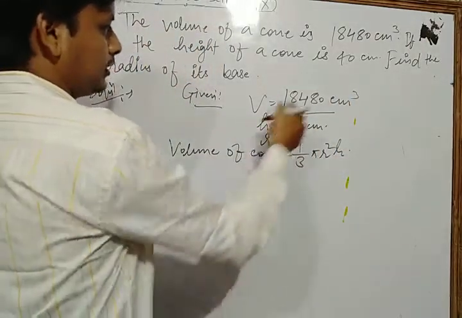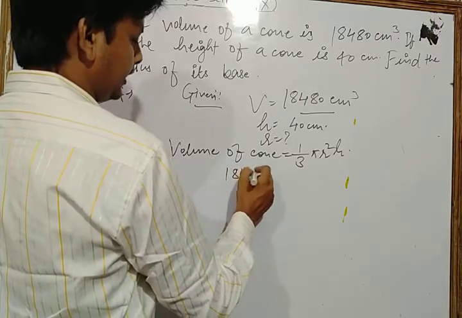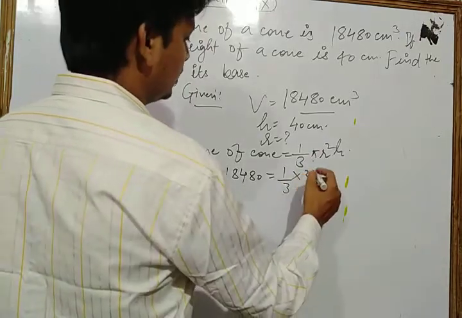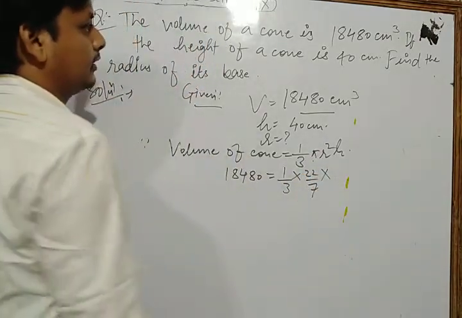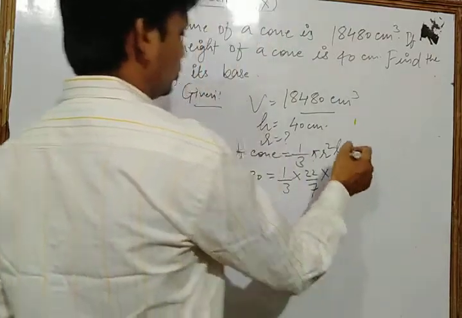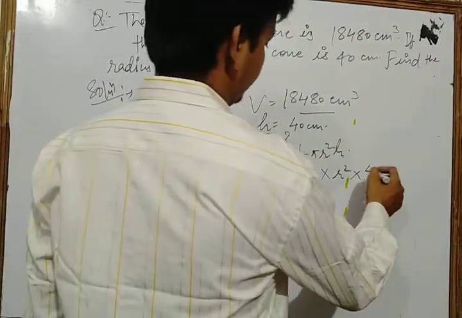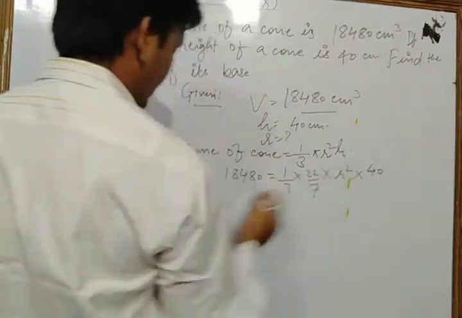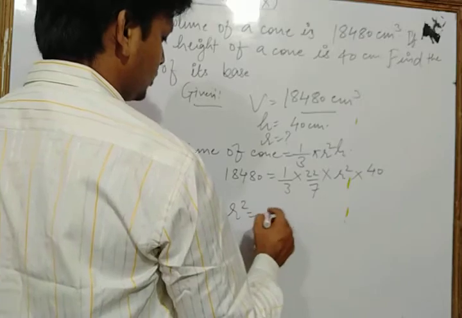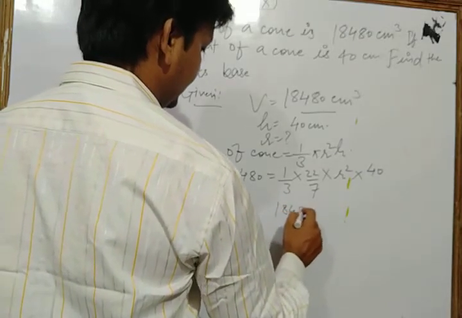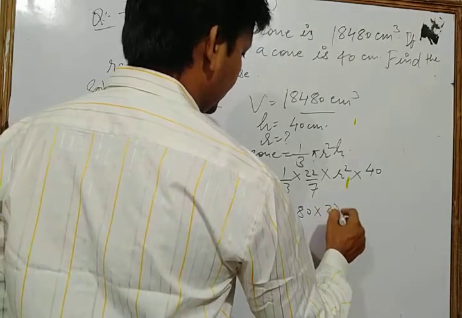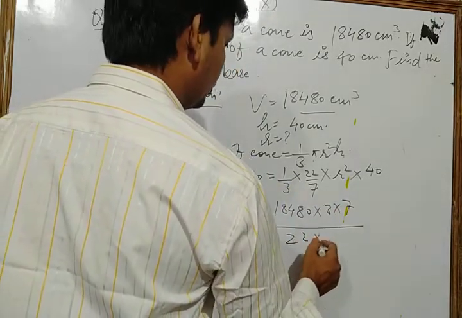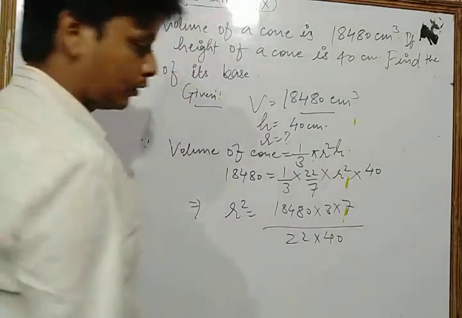Okay, and volume is 18,480, is equal to 1/3 into the value of pi, which is 22/7, into r square, into the value of height, which is 40 centimeter. Okay, now let's see. R square is equal to 18,480 into 3 into 7 upon 22 into 40.